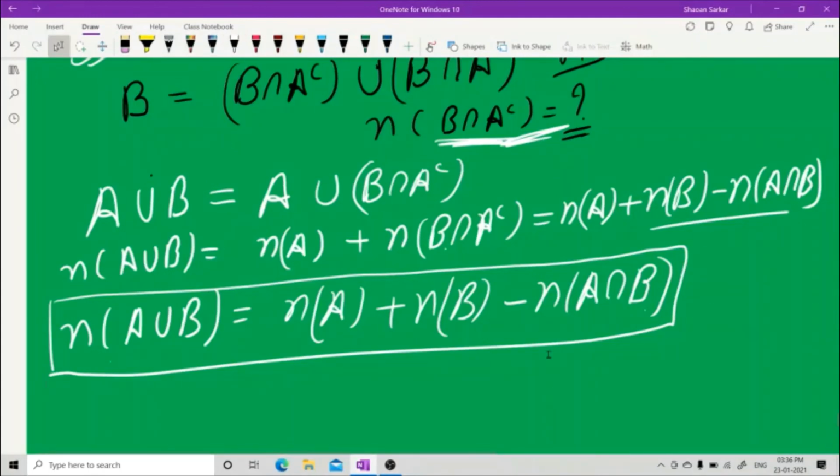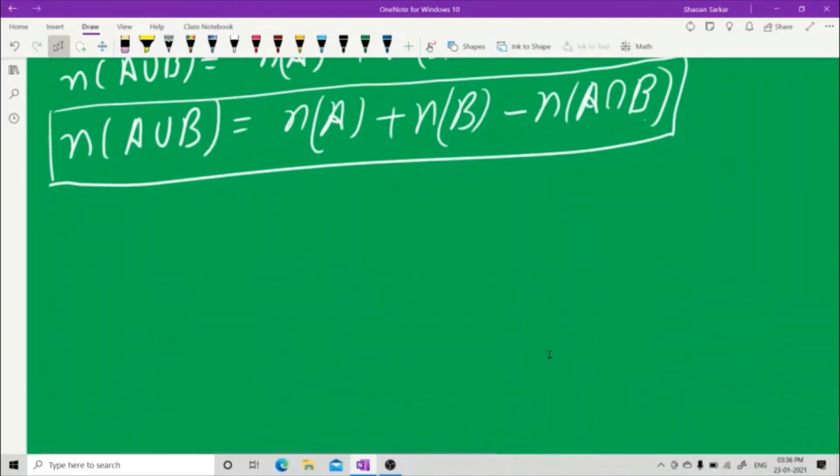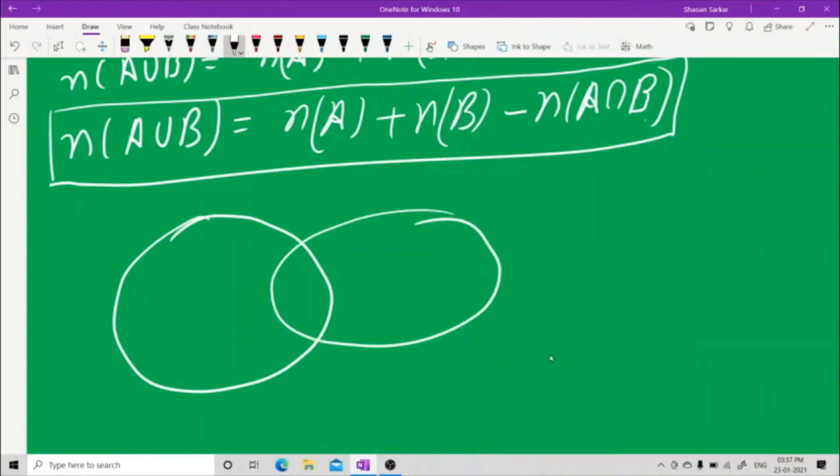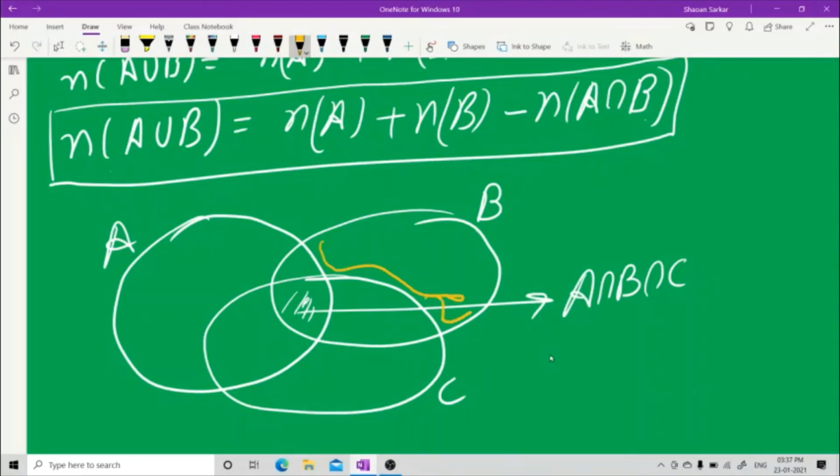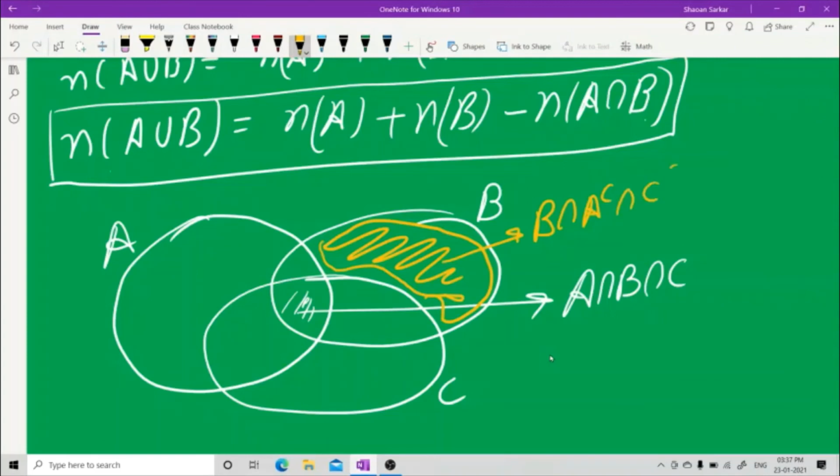another point, that is, if now I have three figures like this, 1, 2, 3. This is A, B, C. The white portion is A intersection B intersection C. Now this yellow portion that I am writing here is B intersection A complement intersection C complement.